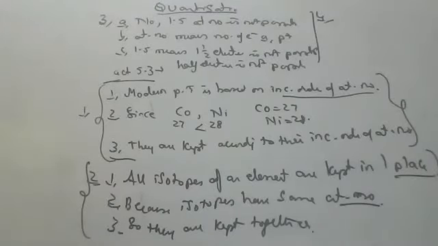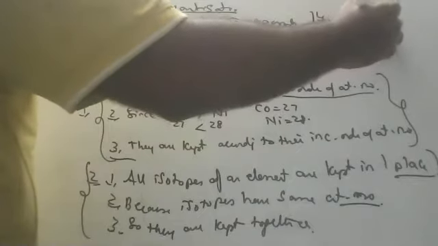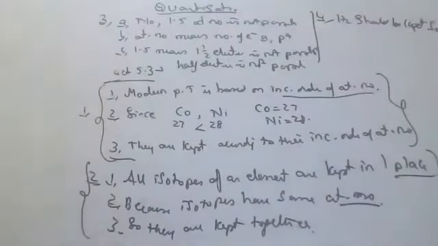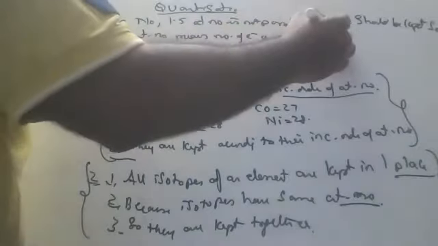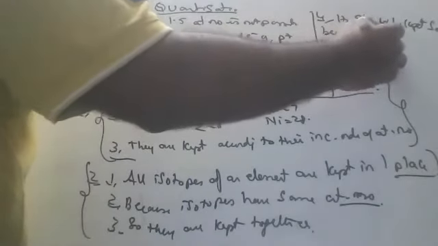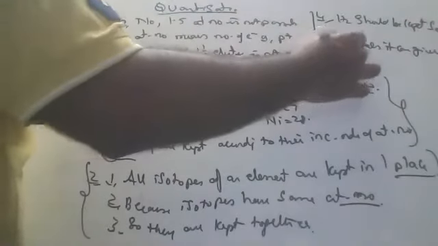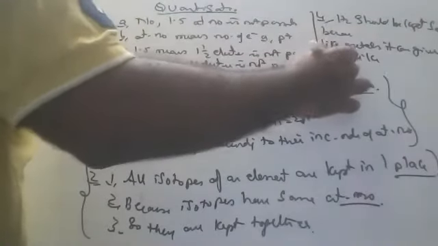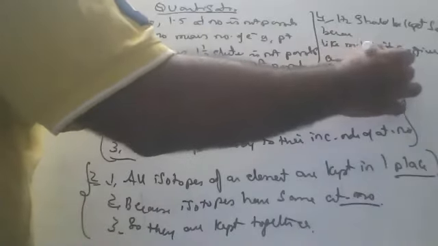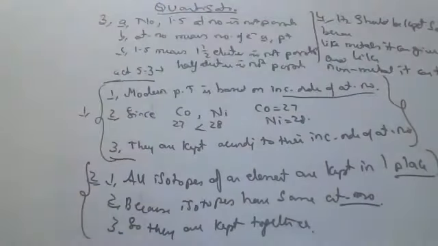Where do you think hydrogen should be placed? Hydrogen should be kept separately, because like metals, it can give electrons, and like non-metals, it can take electrons.